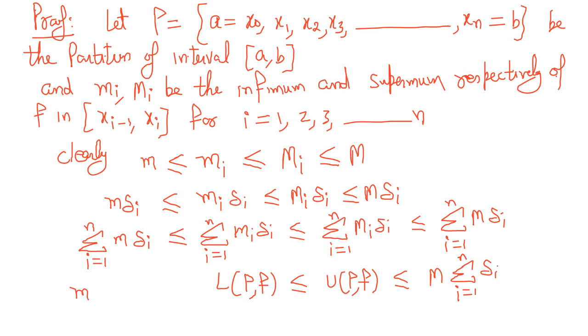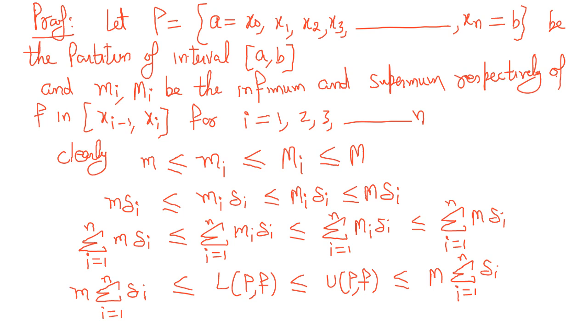Take out small m common from the sum of delta_i, and capital M common likewise. Now we have to show it is M(b minus a).